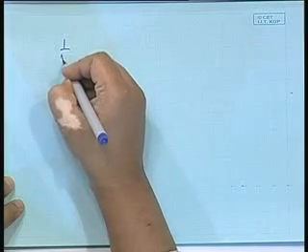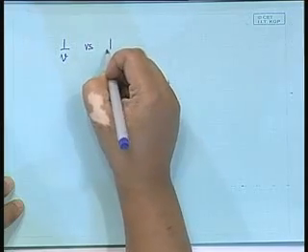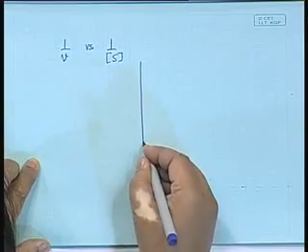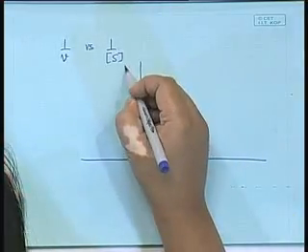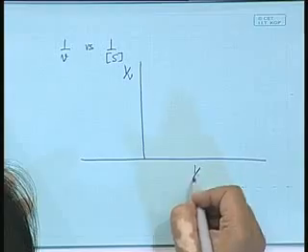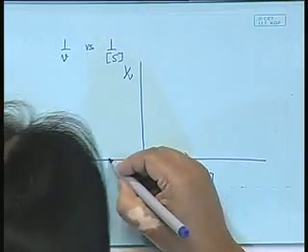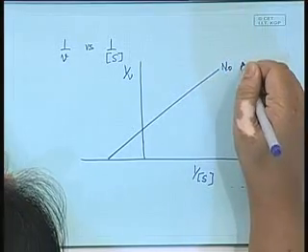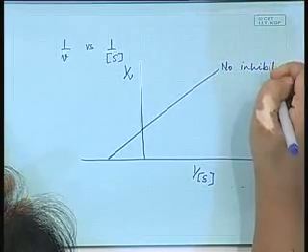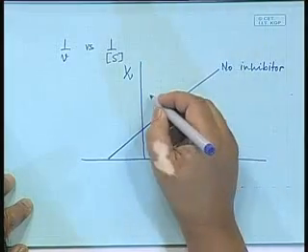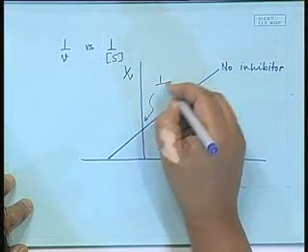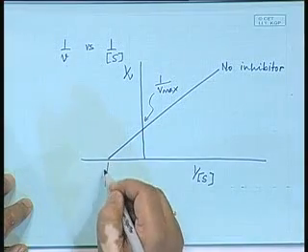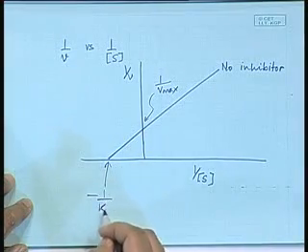So I have now 1 by V versus 1 by S. What is this? No inhibitor. What is my y-intercept? 1 by Vmax. What is this? Minus 1 by Km.